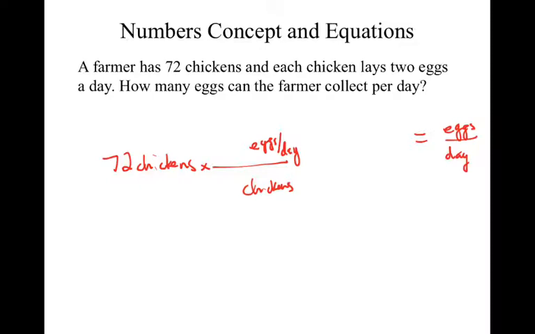Okay, am I given a conversion factor that allows me to do this? Well, it says each chicken lays 2 eggs per day. Well, each chicken means one chicken lays 2 eggs per day. So, crunch out the math, I get 72 times 2. Not too bad. We get 144 eggs per day.